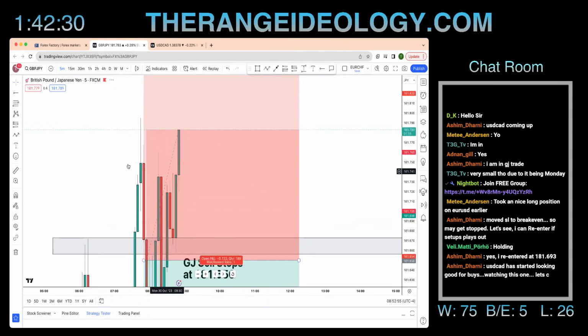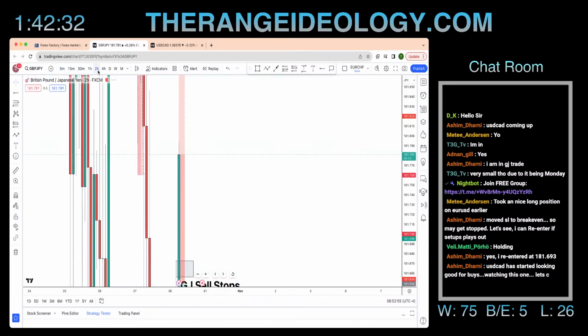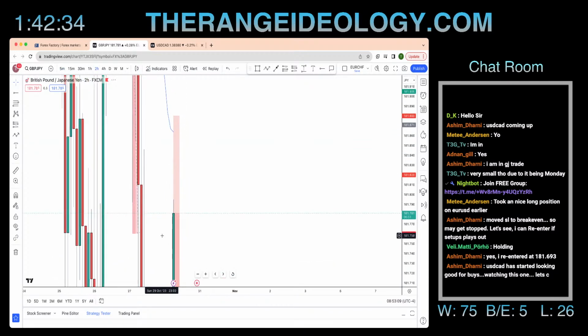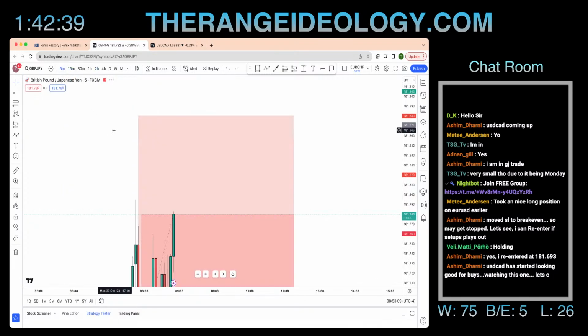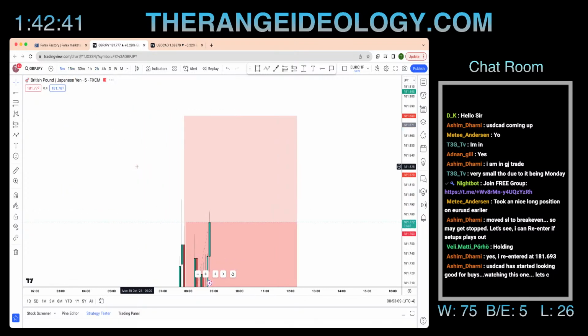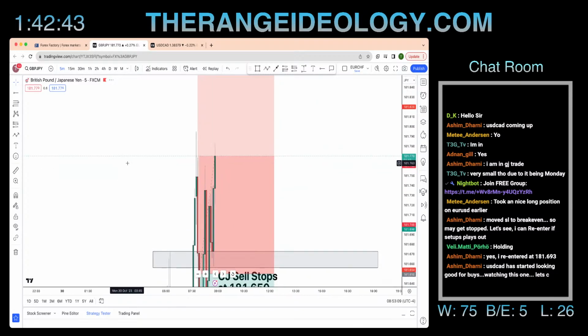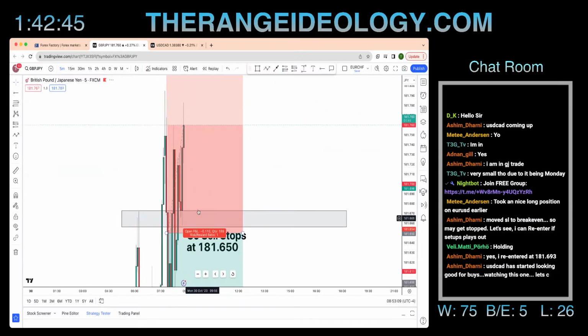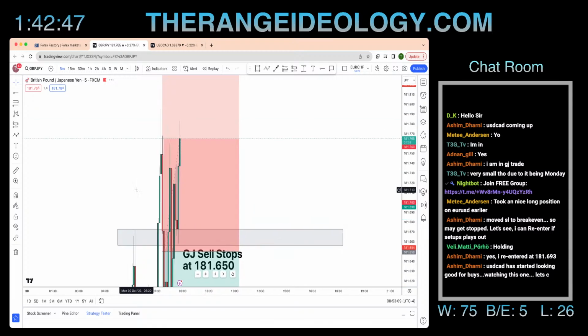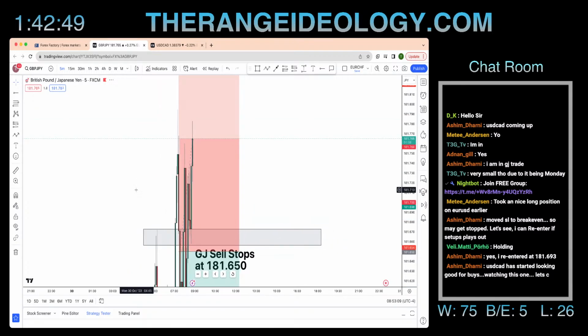Okay, it may go and tap the 2-hour EMA, guys, and continue up. That will be unfortunate, but that may be what it's doing. We do have a 2-hour close coming in less than 7 minutes as well. Unless GJ reverses here and continues down, I mean, let's see.